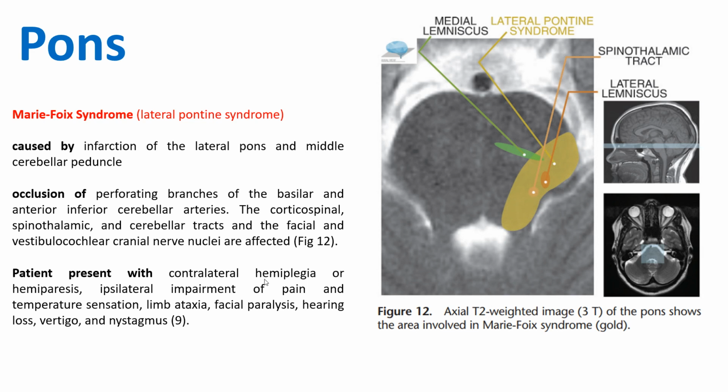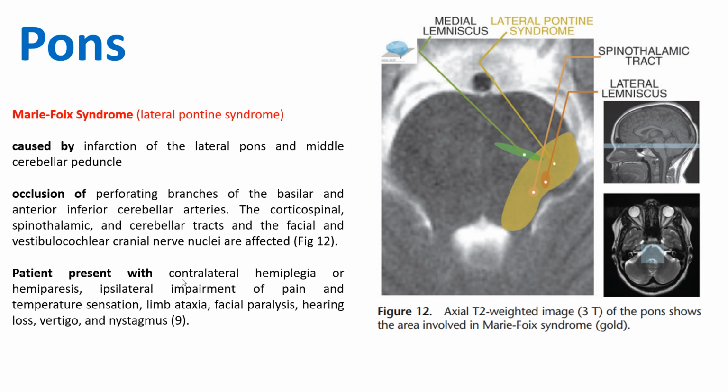The patient presents with contralateral hemiplegia or hemiparesis according to the extent of affection, ipsilateral impairment of pain and temperature sensation, limb ataxia, facial paralysis, hearing loss, vertigo, and nystagmus. All these are due to affection of the facial and vestibulocochlear cranial nerve nuclei.